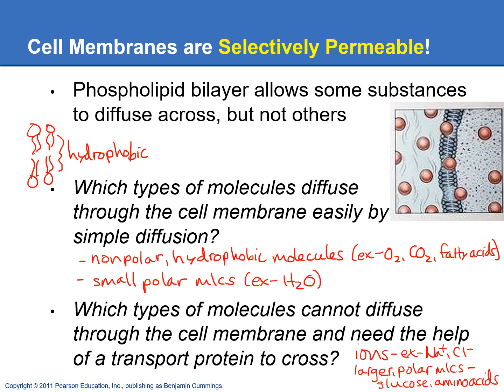Okay, so things that are hydrophilic, like these ions and larger polar molecules, they're going to need the help of a transport protein to get across the membrane. So I definitely would memorize what can diffuse through the membrane and what cannot and needs the help of a transport protein to cross. Okay, that's really important, and that's going to keep coming back. So make sure you memorize that.